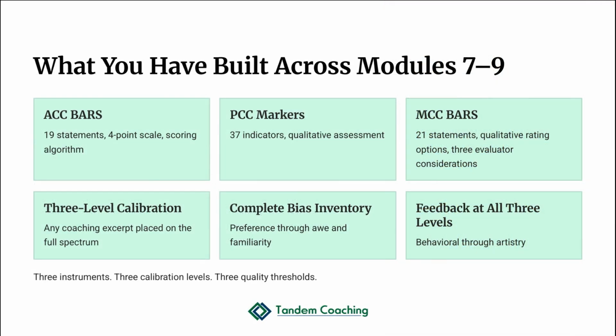ACC BARS, 19 statements, 4-point scale, scoring algorithm. PCC markers, 37 indicators, qualitative assessment without numerical guardrails. MCC BARS, 21 statements, qualitative rating options, 3 evaluator considerations that add artistry and uniqueness to the evaluation. 3-level calibration: any coaching excerpt placed on the full ACC to PCC to MCC spectrum with specific behavioral evidence.